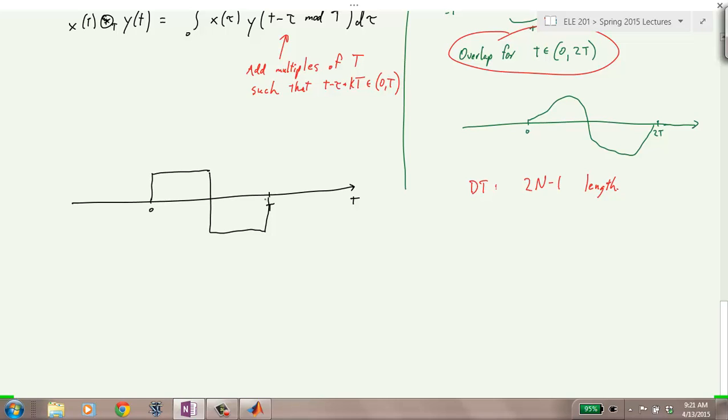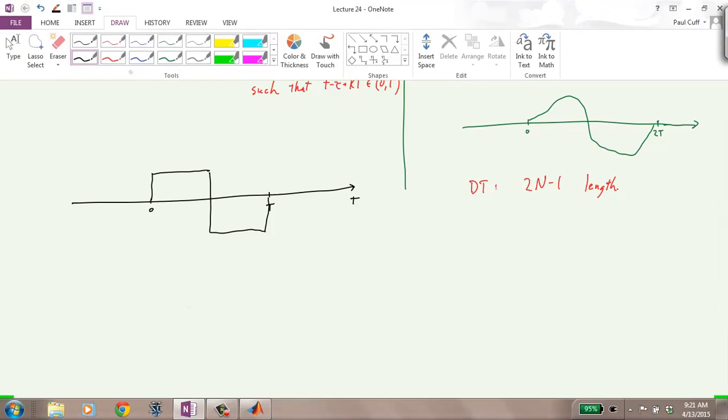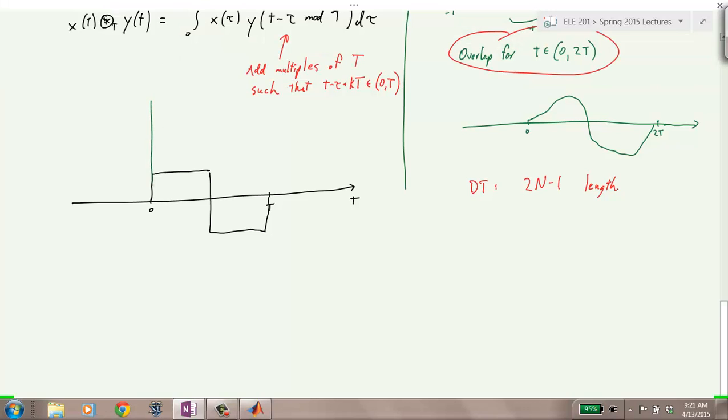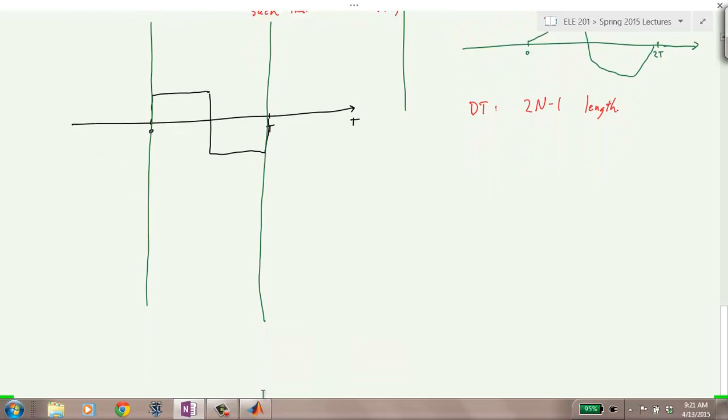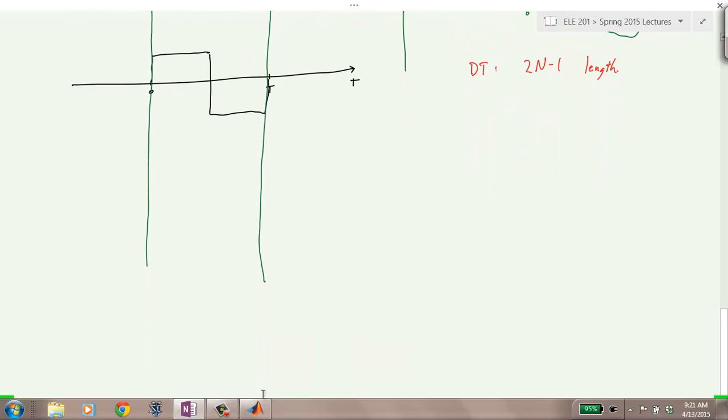I'm going to draw these green lines showing the range of our finite duration signals, the domain. And we're going to assume anything that leaves this, as we do a shift, gets wrapped around to the other side. So that's our x of tau.